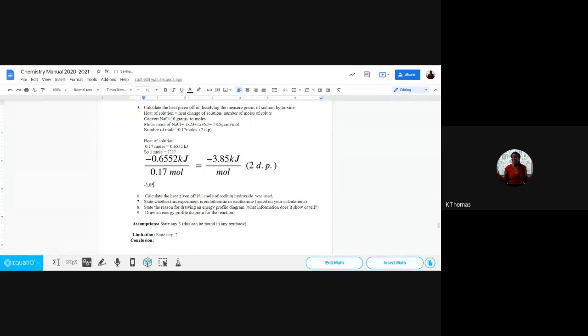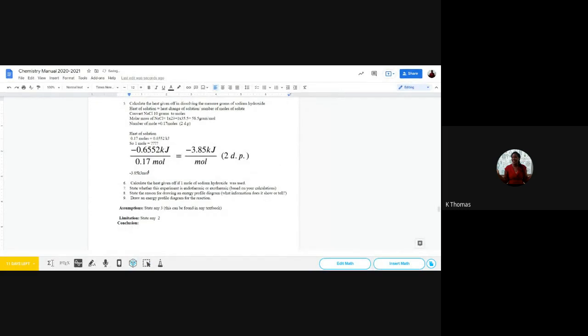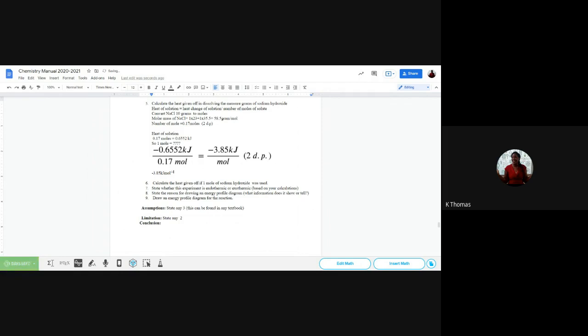I'm just going to rewrite it as 3.85 kg mole, raised to the power of -1. That's how we write the units properly. Perfect. So this is the heat of solution that I calculated.